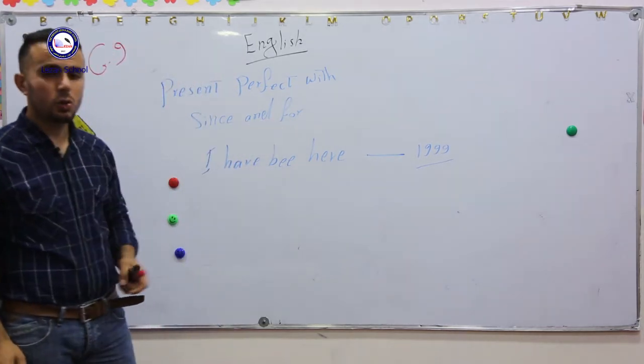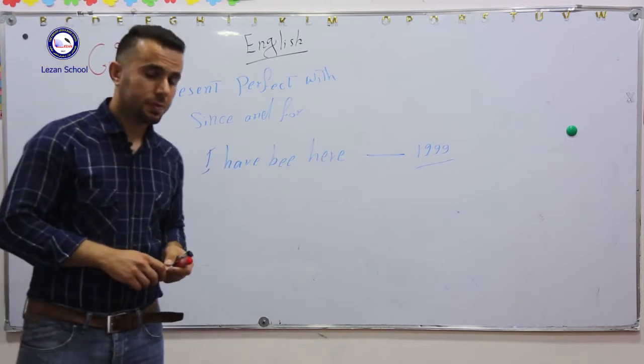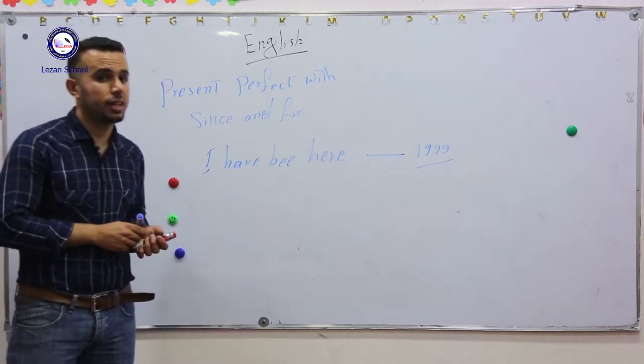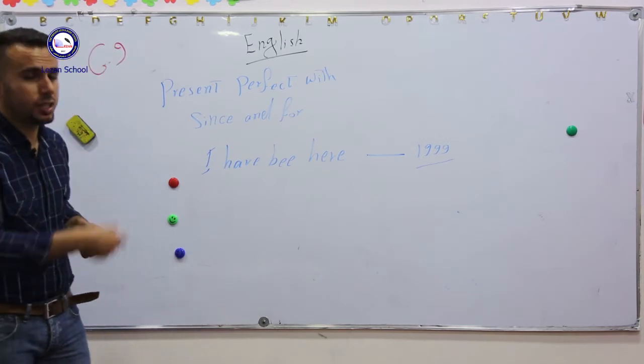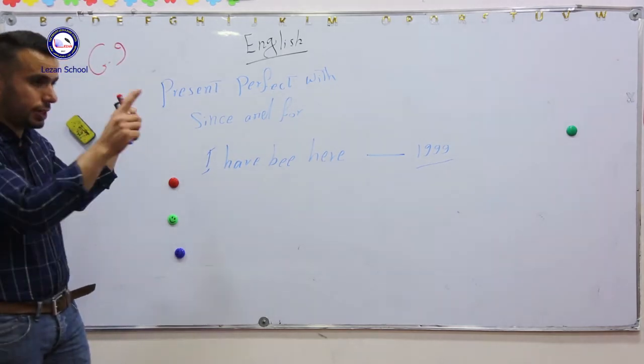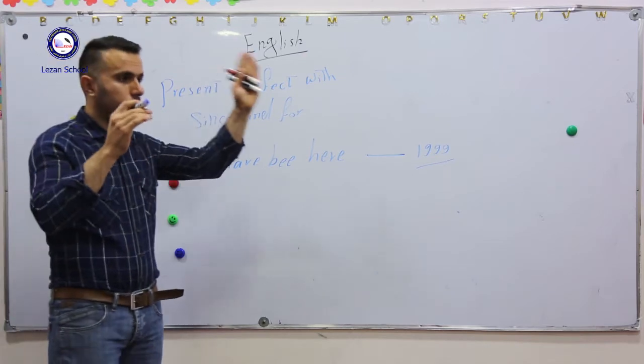For, we use for what? To indicate the duration of time, between two brackets, starting from here until here.